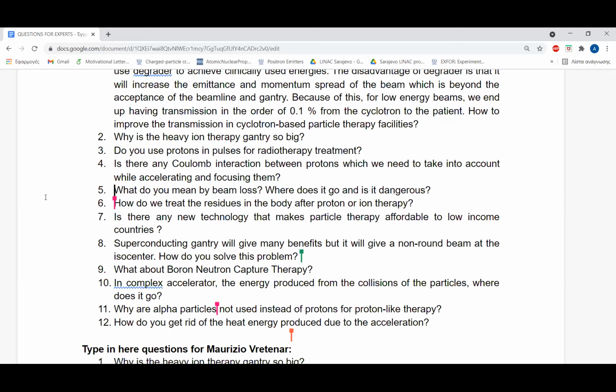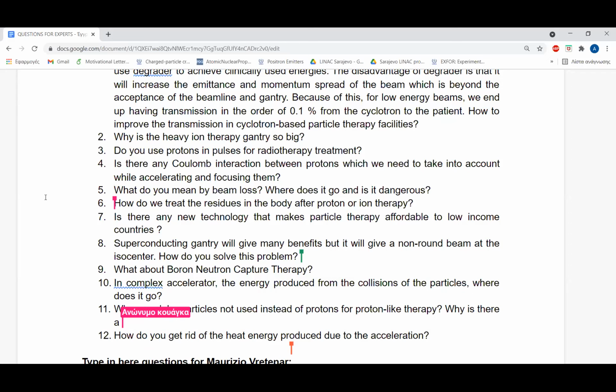This is why you cannot enter an accelerator while it is in operation. It is always locked and protected because of the possible radiation from loss of particles. So we design our accelerators to always minimize beam loss, because this is harmful for the environment and because of the radiation. And there are always protection systems to avoid that this can be a problem for the persons operating the accelerator.